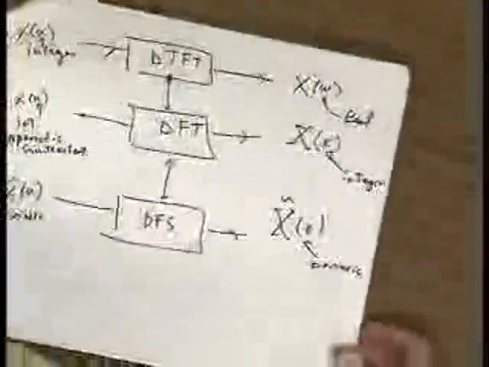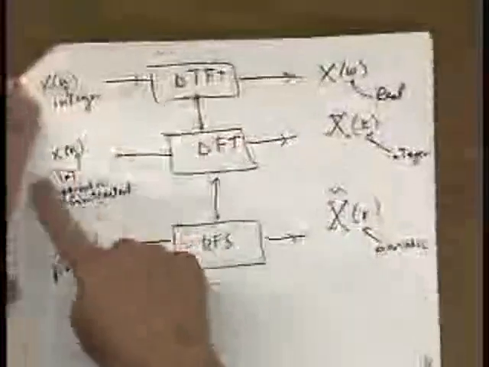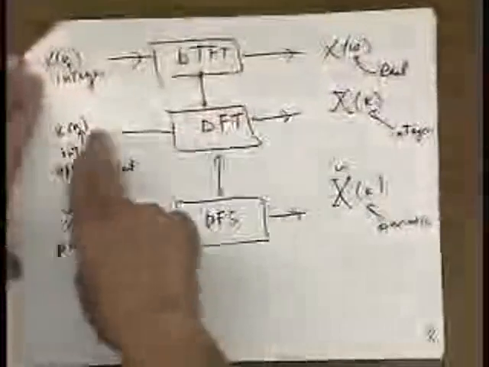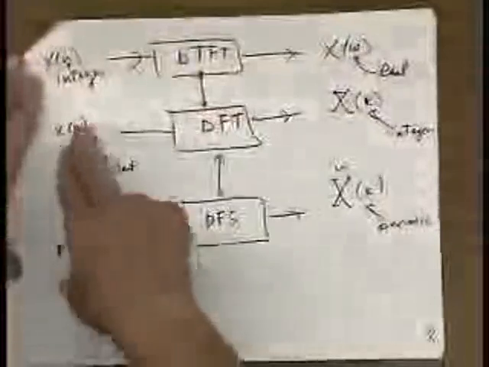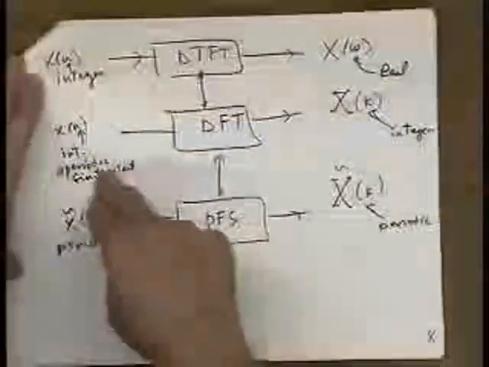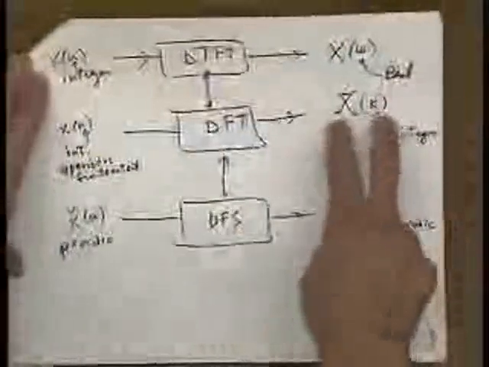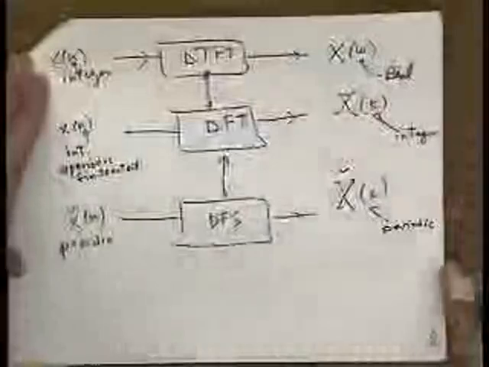Okay? And we sort of ended last time's lecture with a picture like this, where here's DFT, and the input to the DFT box is an x of n, where n is an integer. It's an aperiodic, that means non-periodic, finite extent sequence. Out comes X of k, an array of N numbers.